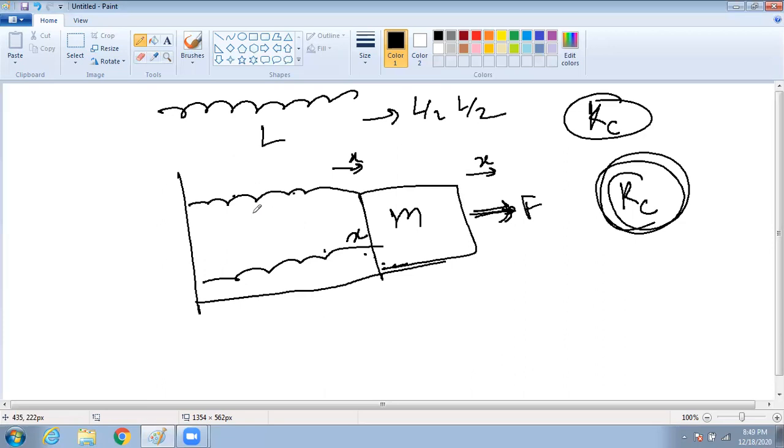Sir, the length of each spring is L by 2. Yeah, you're cutting the spring into two parts. Both of you try, then tell me the answer. Take 5 minutes.